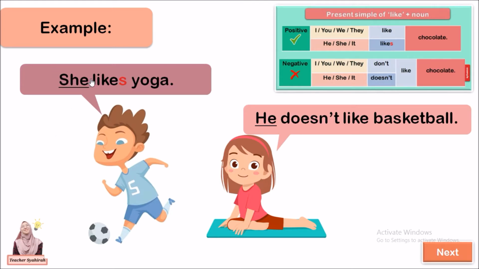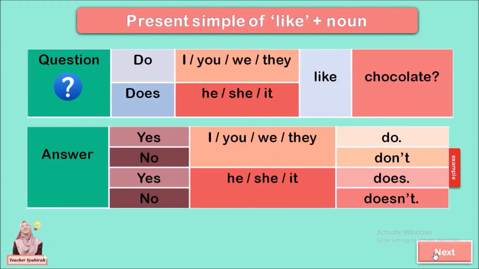Kalau kita nak tukar, she doesn't like yoga. Kalau dia tak suka, she doesn't like yoga. Jadi S ni buang, tambah doesn't. Like this one. Okay, remember if negative, we don't need to add S kat belakang, even though he, she, it. Okay, do you understand this now?